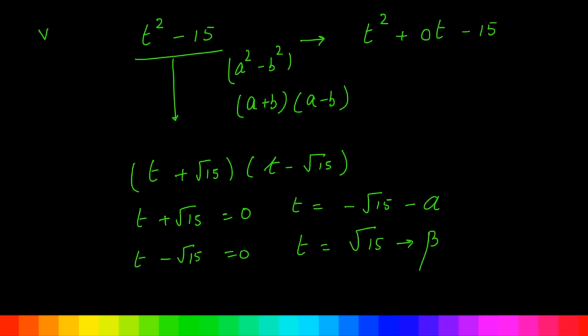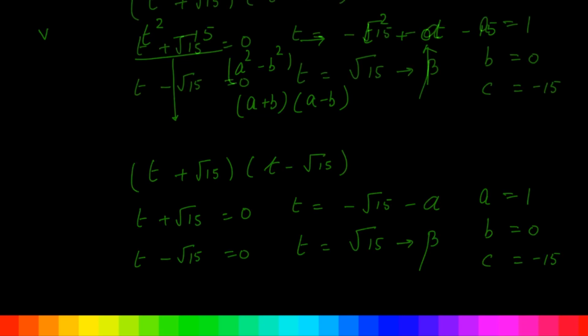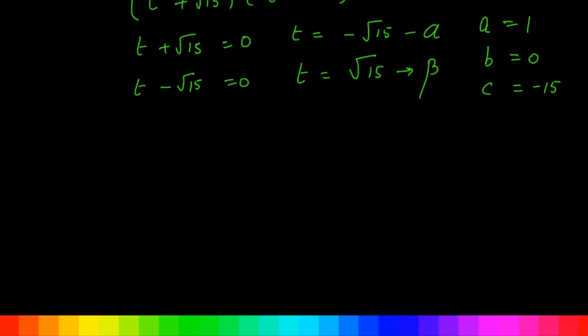Here, a, the coefficient of t square, is equal to 1, b, the coefficient of t, is equal to 0, and c, the constant term, is equal to minus 15. Let us verify the relationship between zeros and the coefficients. We know alpha plus beta is equal to minus b over a.